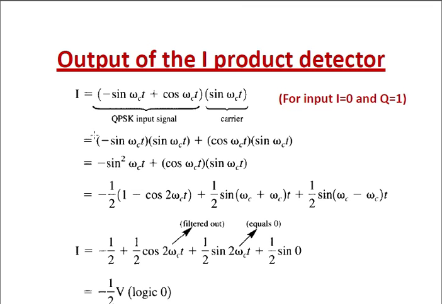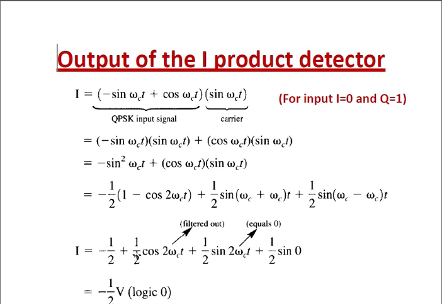How does it become minus 1/2 volt for logic 0? Let's see that part. So minus sin square omega ct plus cos omega ct into sin omega ct.